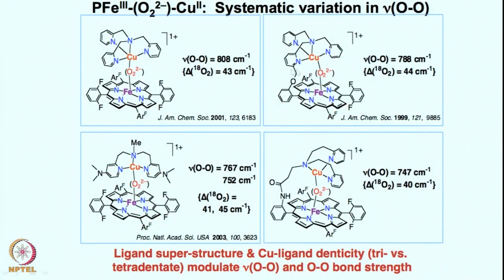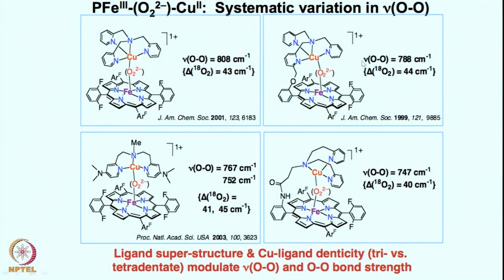Of course, there are slight changes due to this tethering, but these are absolutely characteristic of the peroxo species. The oxygen stretch, as you have seen in many other classes, in resonance Raman is quite diagnostic of this peroxo species being present over there, right.